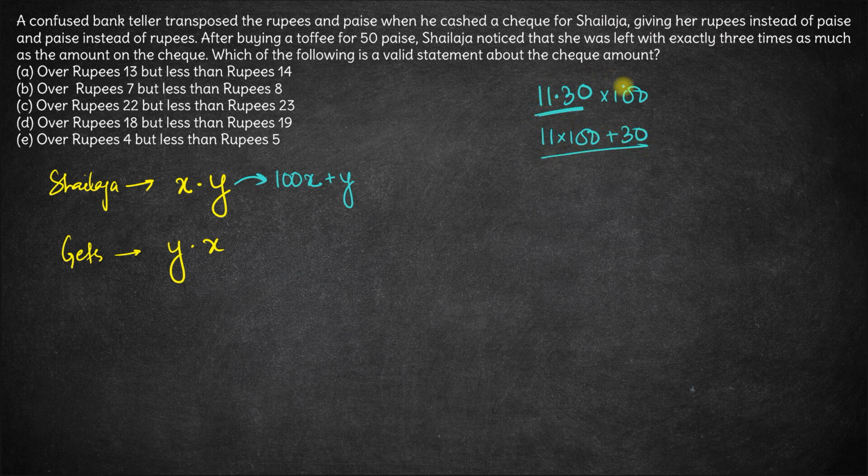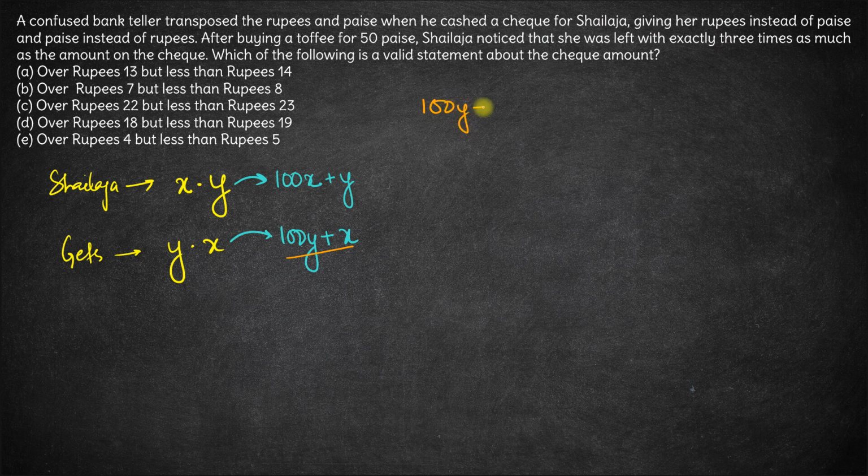So X rupees here are equal to 100x paise and Y paise is Y paise. And what she gets is 100y paise plus x paise.